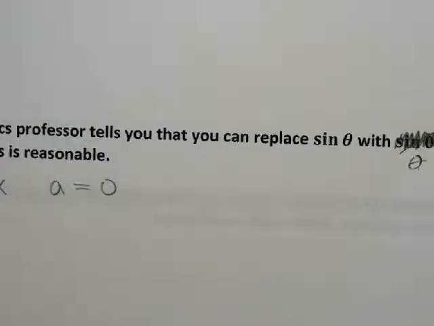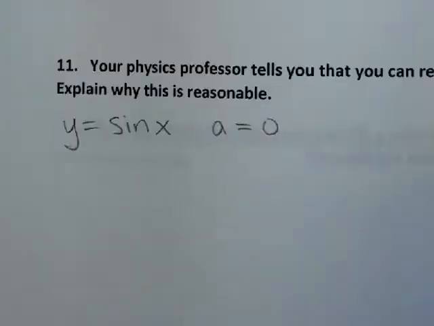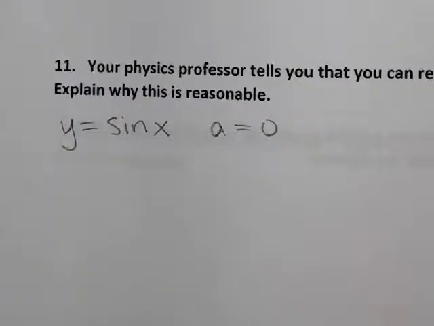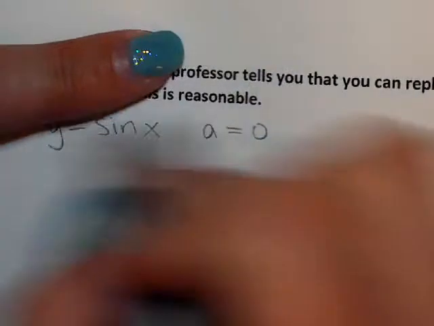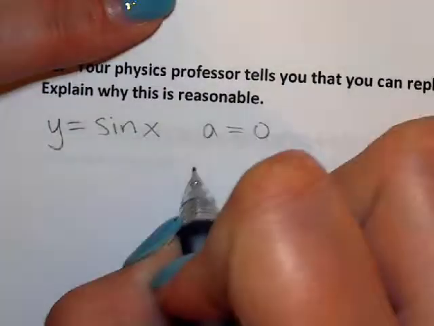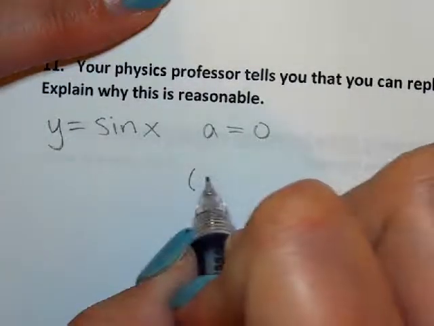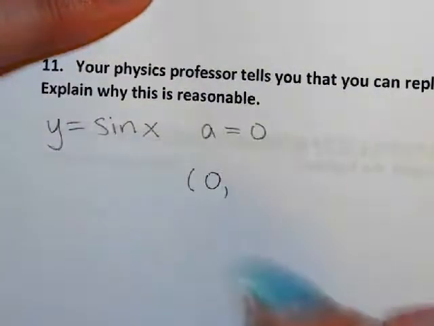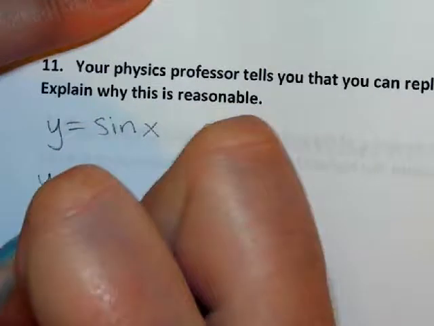All right, so let's get our x-coordinate and y-coordinate, and then let's get our slope, and let's see if there's a reason why this professor's right, aside from just what we thought through on the unit circle. Our x-coordinate is this a value we just chose to plug in, right? So we're using x equals 0. And if we plug in 0 for x, y of 0 equals sine 0.